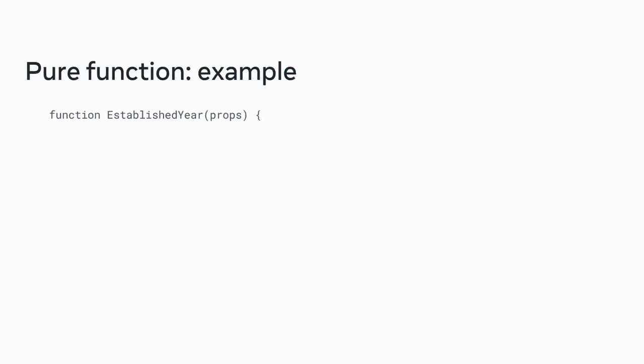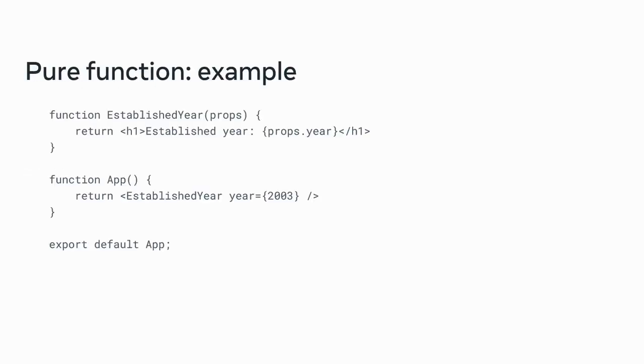A pure function, should it receive specific input, that is, a specific parameter, will always return the exact same output, no matter how many times it gets invoked. To illustrate, let's explore a function that uses the year Little Lemon was established. In this example, the established year component accepts a props object, that is, a props parameter.